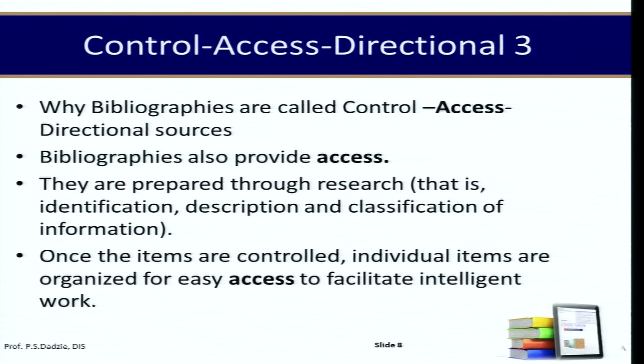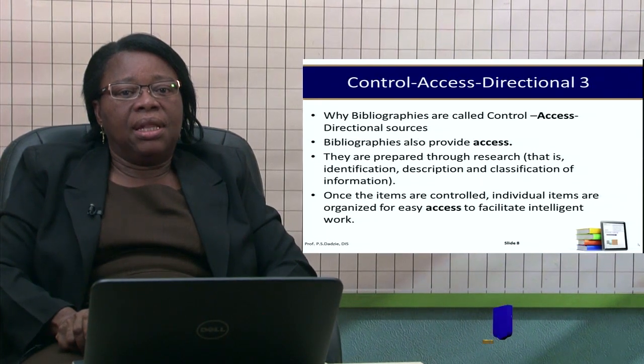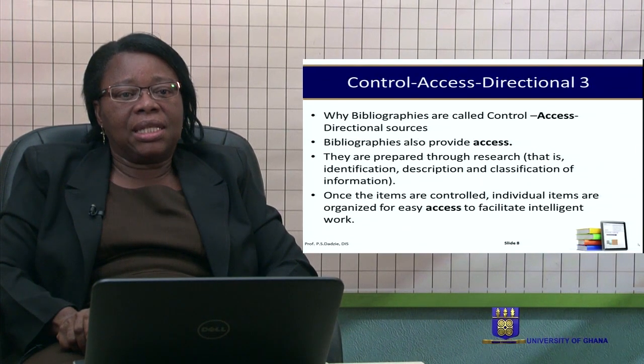Now let's look at why bibliographies are also called access sources. Bibliographies provide access. They are prepared through research, that is the identification, the description, and the classification. Because they are controlled and they provide access, they facilitate intelligent work.